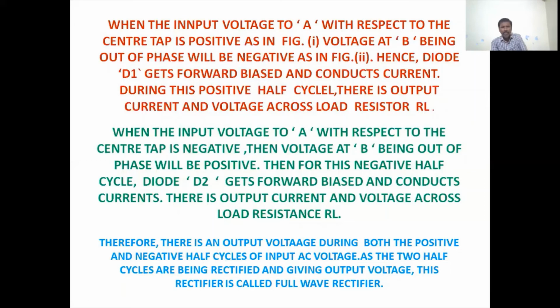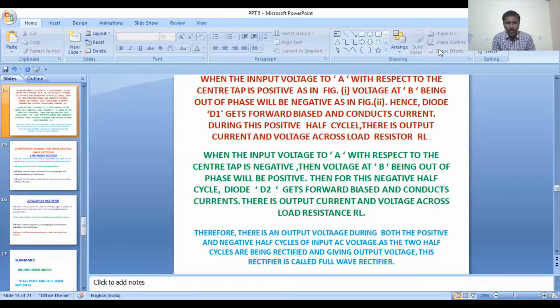Both the positive and negative half cycles are rectified, giving output voltage. This rectifier is called a full wave rectifier.